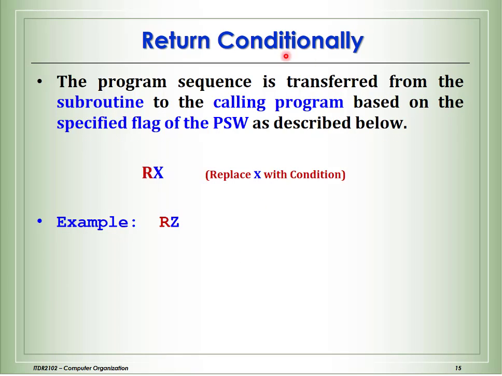Now return conditionally. As I told you, no matter what, we need to follow this return instruction. The program sequence returns to the calling program based on the specified flag of the program status, the flag registers. Here again is the return instruction with a condition. X could be any condition, for example, RZ, return if equal to 0.